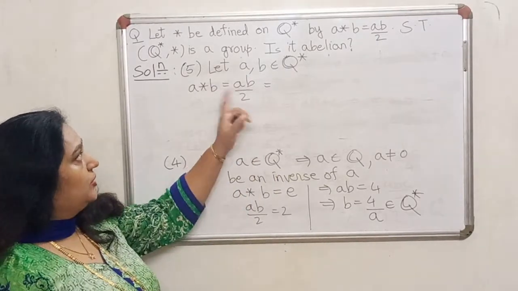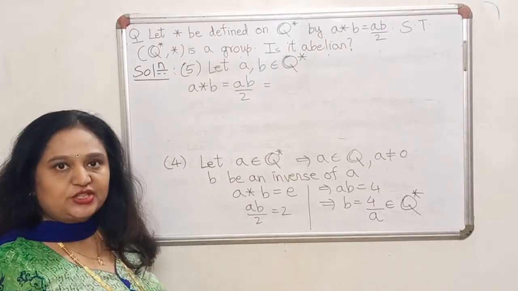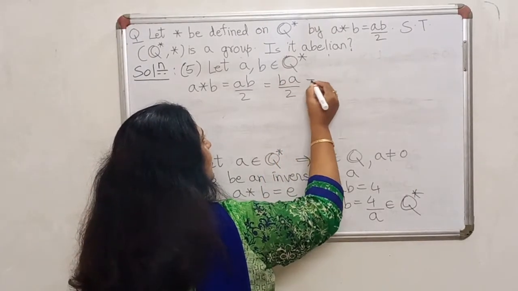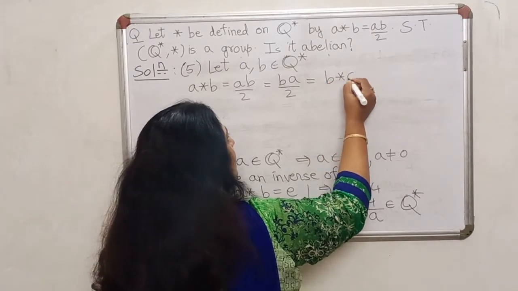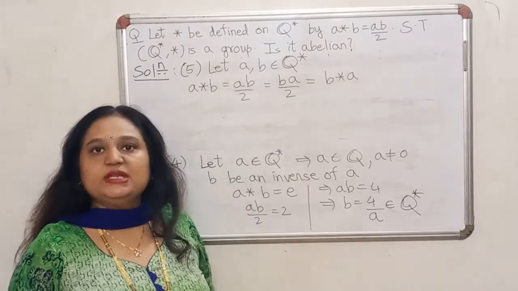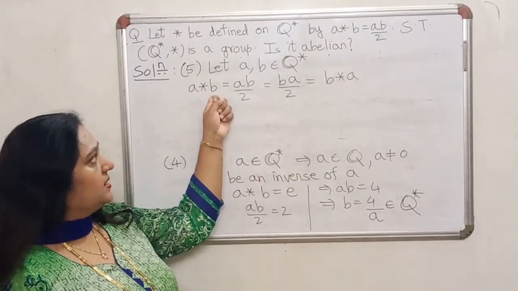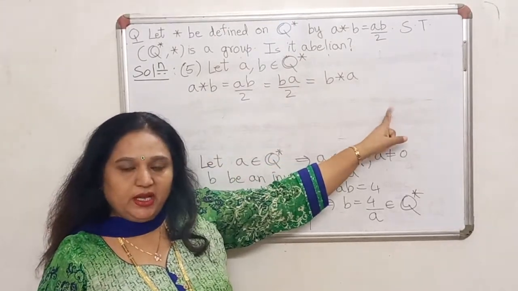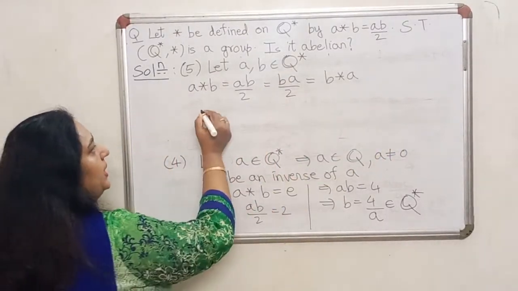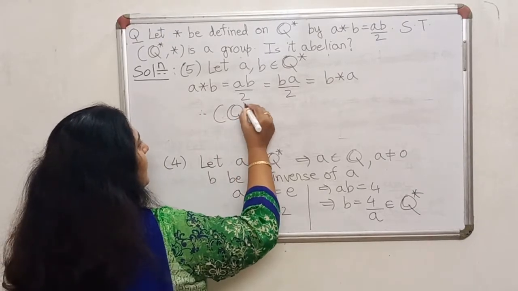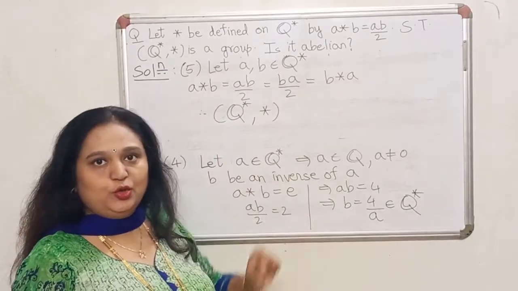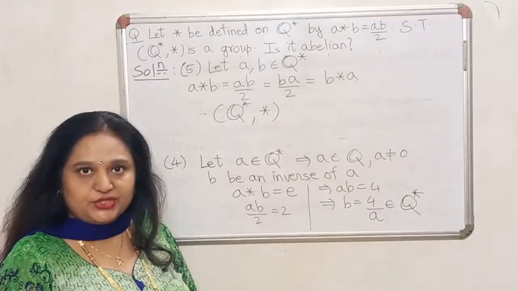But the product of 2 rational numbers is commutative. So I could as well write this as B into A upon 2. But then translated in terms of the operation star, this now becomes B star A. And that tells me that A star B is equal to B star A for all elements in this set. And therefore the commutative property is satisfied. And hence this is a group, an abelian group in fact, with respect to the given operation.